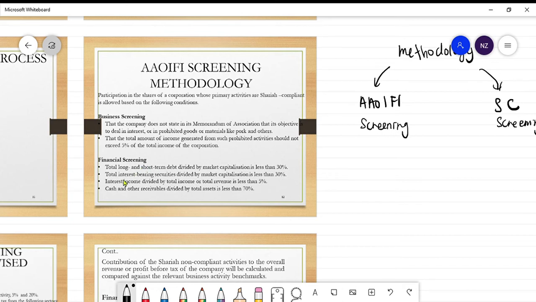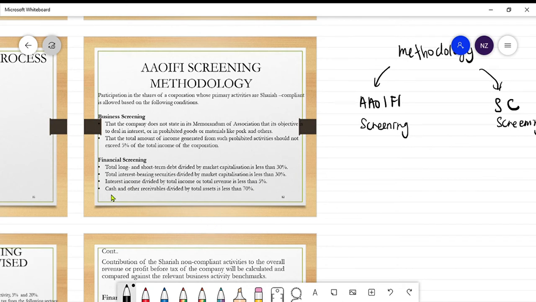Untuk yang third calculation, interest income divided by total income or total revenue must be less than 5%. So if it is less than 5% benchmark, dia lulus kiranya, interest income yang dia terima from the prohibited activities tu is still considered Sharia compliant.